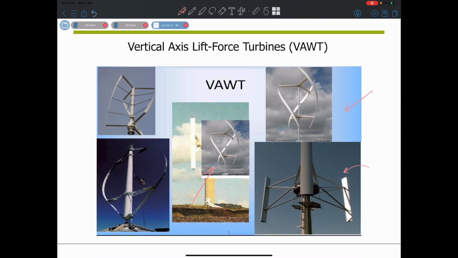And here are vertical axis lift force turbines in different designs.